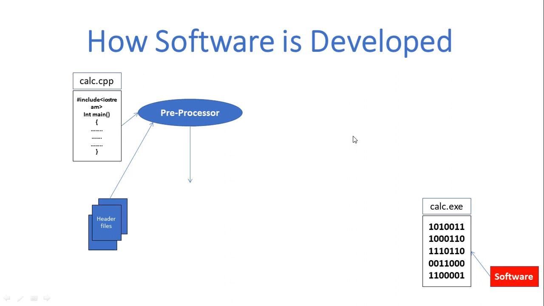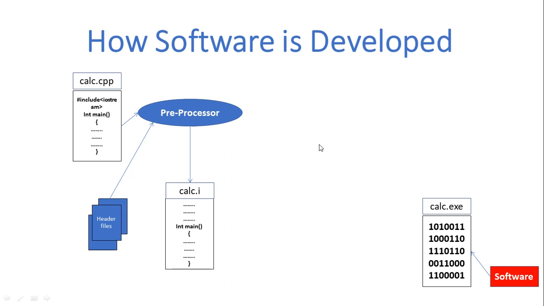Then the preprocessor will copy all the instructions that are available in the header file, and it will also copy all the instructions that we have written in our CPP file, and it will generate a new file and copy all the instructions inside this file. This newly generated file will not contain any instruction that starts with hash.